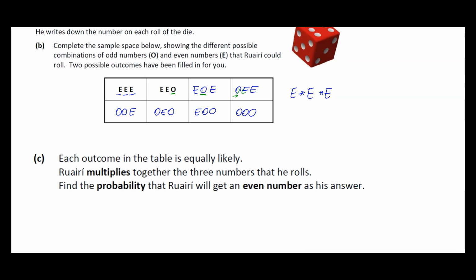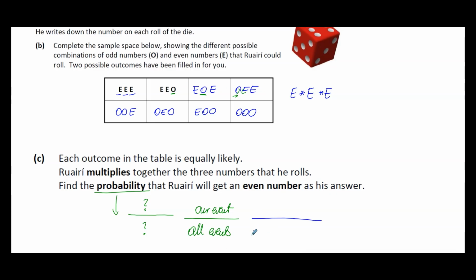So when it comes to probability, what do we think? It's about fraction, isn't it? What do we put on the top of the fraction? Our event. And at the bottom of the fraction, all events. Events in this case, that's the outcome he gets from multiplication.